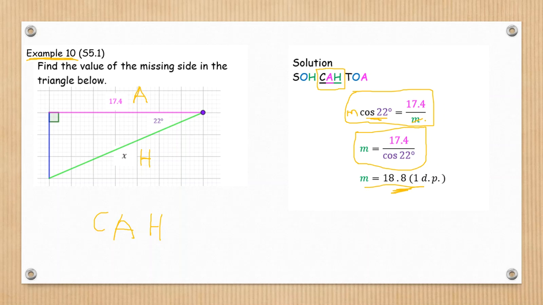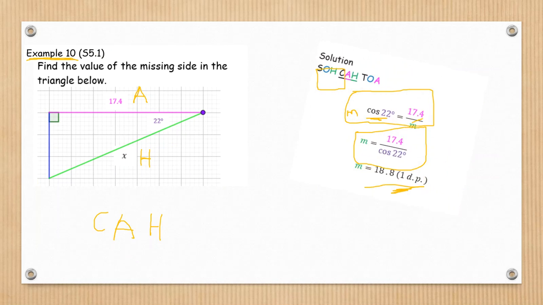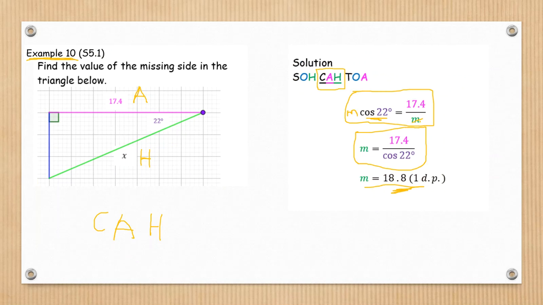So when the unknown is on the bottom, we have a divide situation. And if we go back to this one, x, the unknown, is on top, we have a times. So when it's on top, we times. When it's on the bottom, when m's on the bottom, or x, we divide.